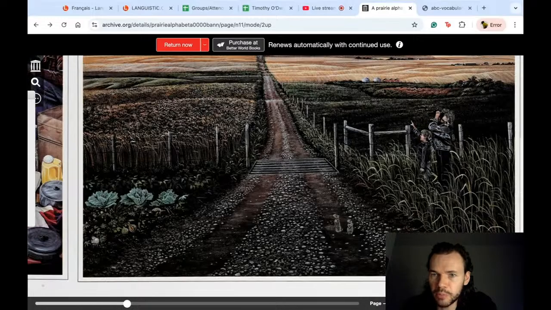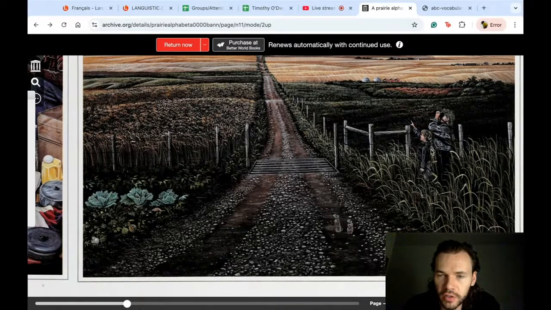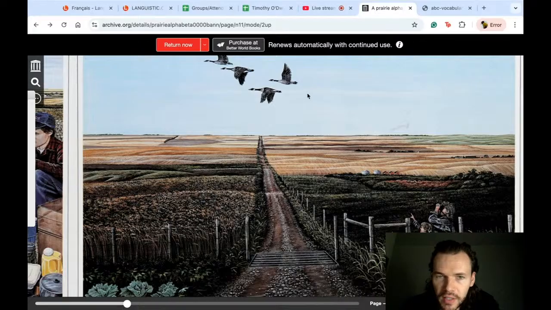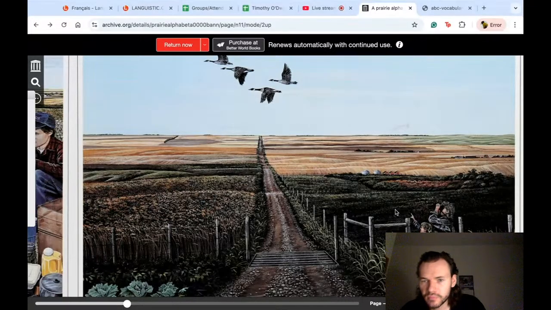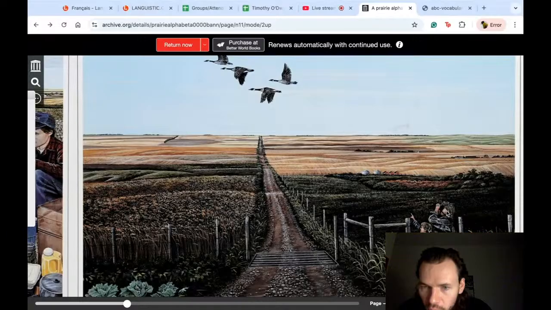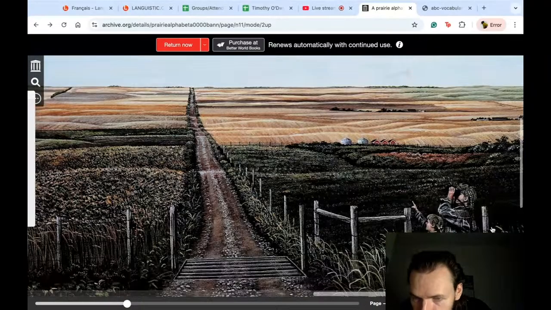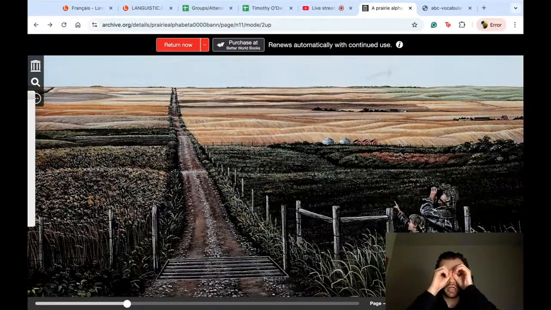These two people, these two girls, another G word, girls, these two girls are also gazing at the geese. See, this girl is pointing to the geese, while this girl, she has a pair of binoculars. She's looking at the geese through her binoculars.